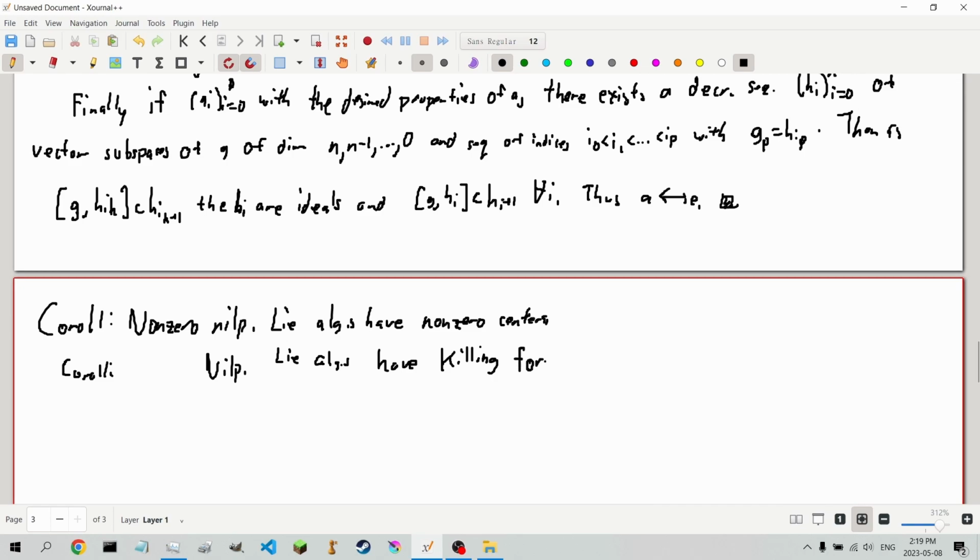And the Killing form is just 0 on a nilpotent algebra. For all x and y in our algebra G, the composition of ad x and ad y, which is the same as the product, is nilpotent.